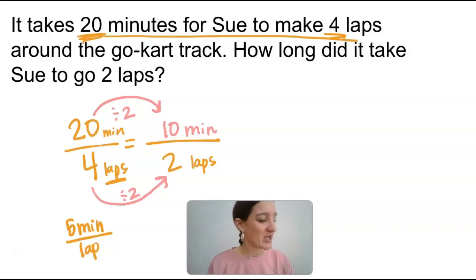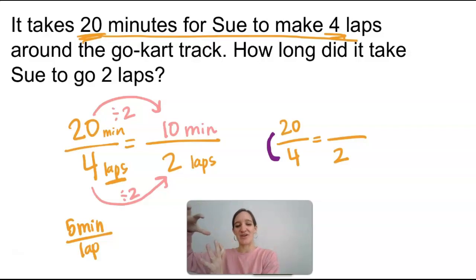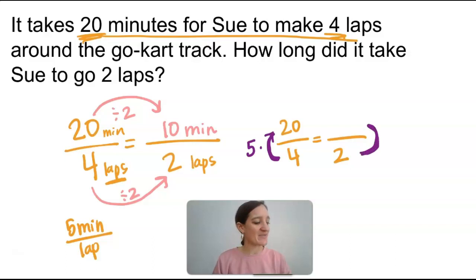All right. 20 minutes for 4 and 2. Did any of you notice? Have any of you thought that, hey, would this work if I found the relationship up and down instead of from the known to the unknown? Let's see. 4 times 5 is 20. So what if I did the exact same thing over here?